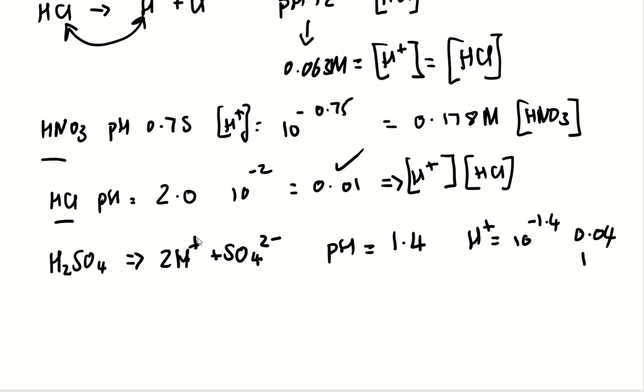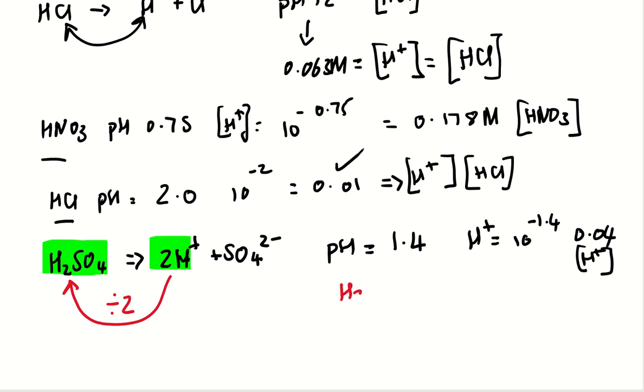Now that, remember, is the concentration of the hydrogen ions. But if we go back to here, every mole of the sulfuric acid gives us 2 moles of hydrogen ions. So the concentration of the acid will be half of the concentration of the hydrogen ions. So the concentration of the sulfuric acid will be 0.04 over 2.